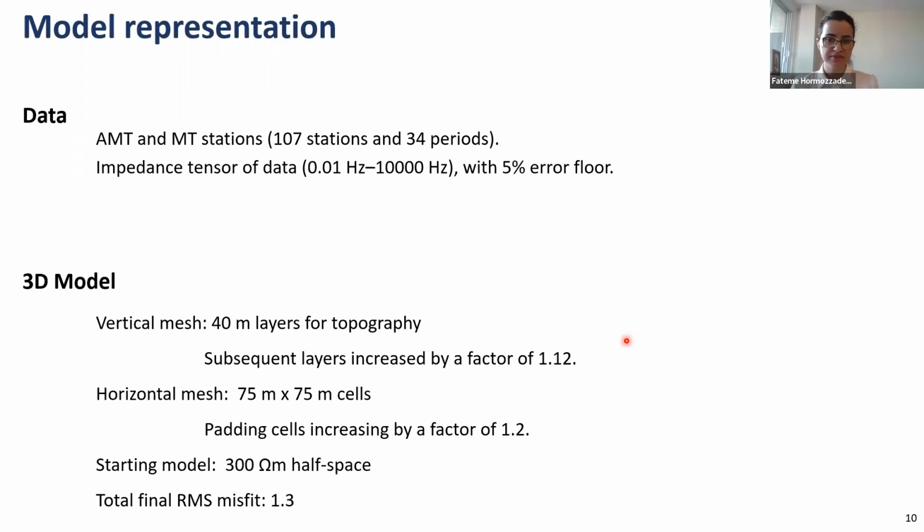We assigned topography in GeoTools with 40-meter layers, and then increased the thickness of layers by a factor of 1.12, and a horizontal mesh size of 75 meters. And starting from a 300 ohm-meter half space, the total final RMS misfit was 1.3.